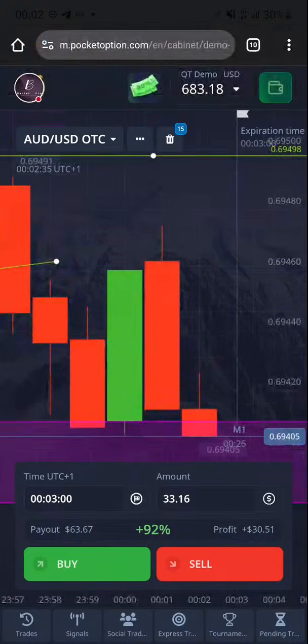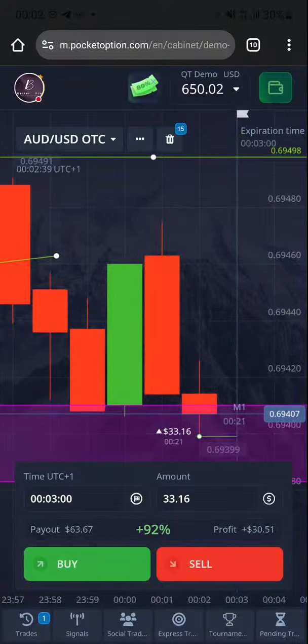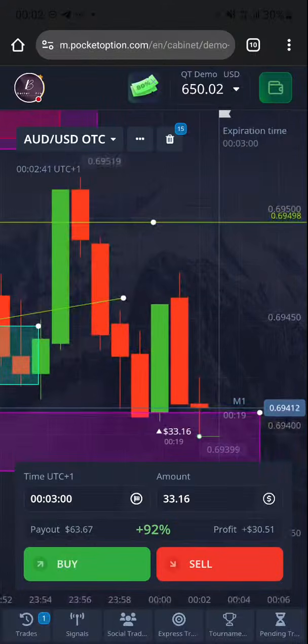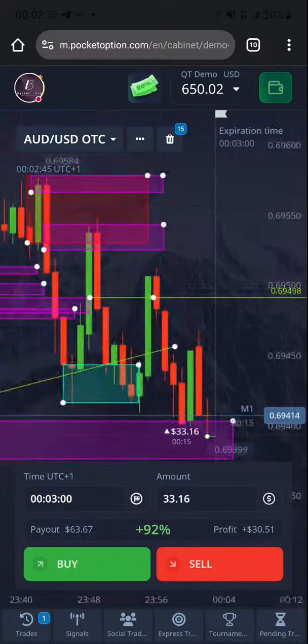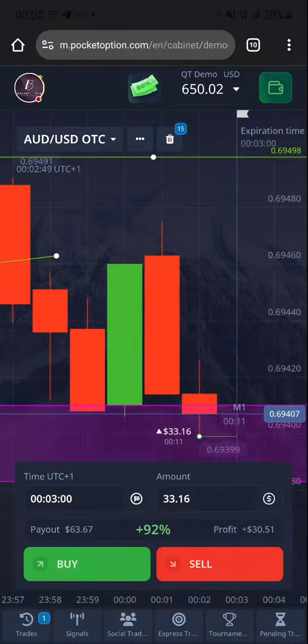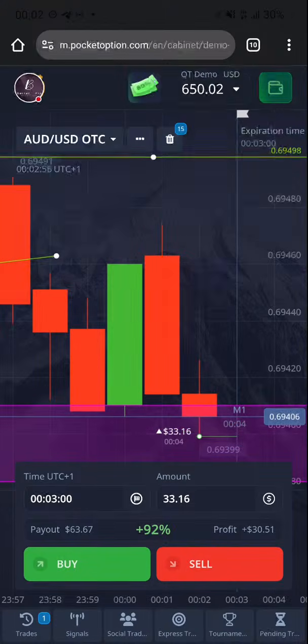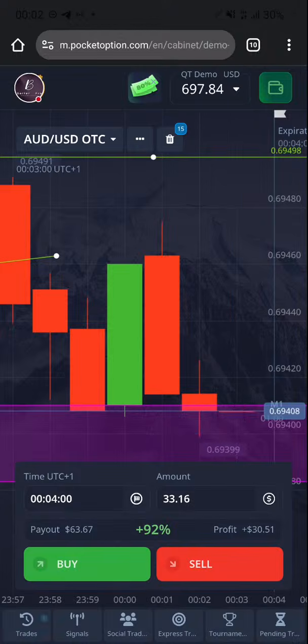If it doesn't, I won't take the trade. I'm expecting a pullback to the upside. All this area is demand area where you have buyers, so I'm expecting the buyers to come in. At least they should retrace enough for us to win the trade. So let's see. 3 seconds, 2, 1. That's good.